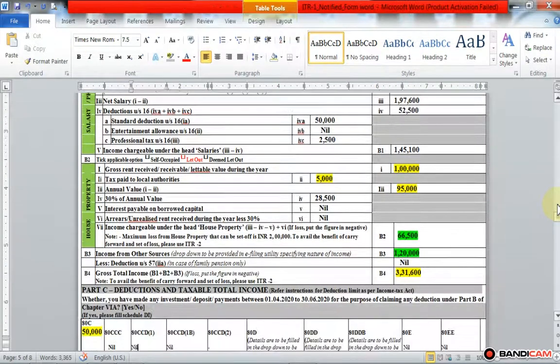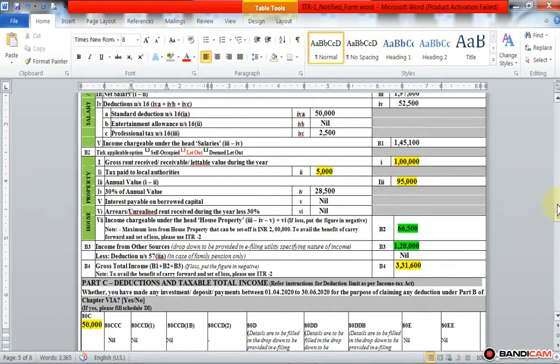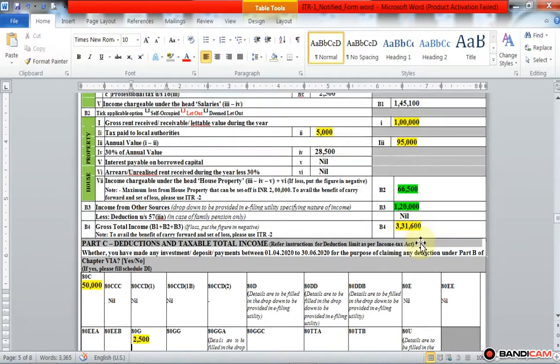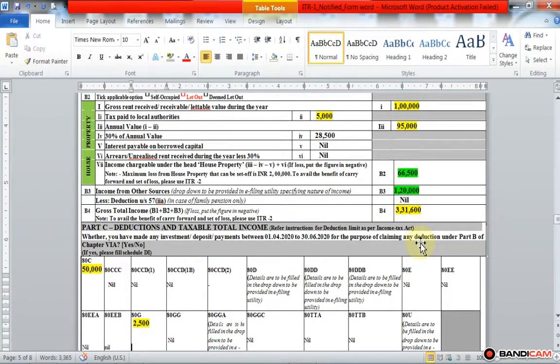Then we make a total of these three heads and we get the gross total income, that is 3,31,600.